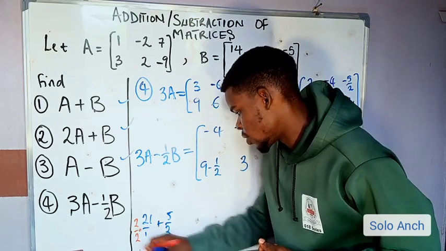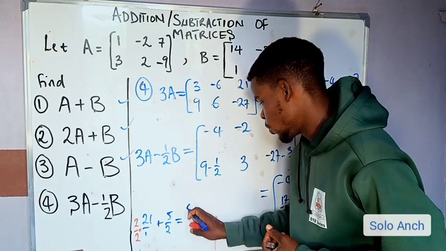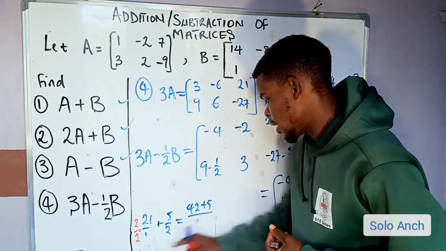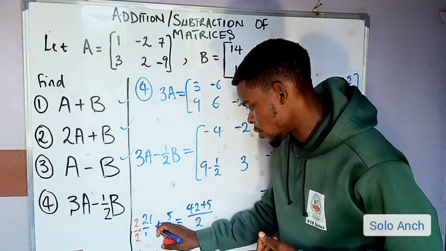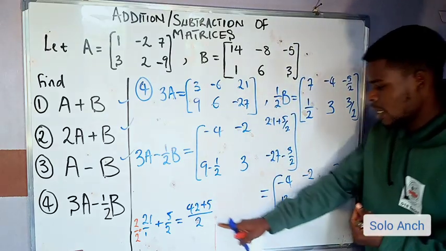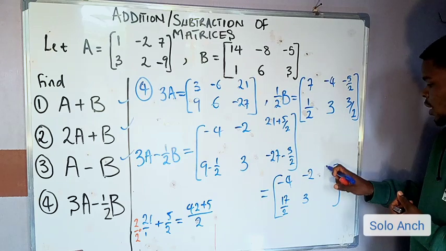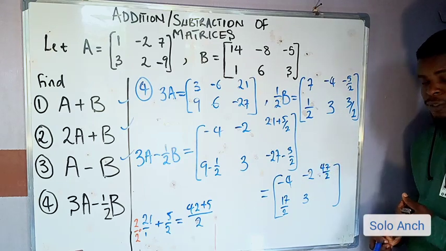So we have 2 times 21, which is 42. Then we add 5, that's 47, divided by 2 times 1 is 2. Of course, the denominators are equal. So when you're adding fractions that have equal denominators, keep one of the denominators and add the numerators. So that will be 47 divided by 2. That will be the entry here. 47 divided by 2 is the same thing as 23.5.